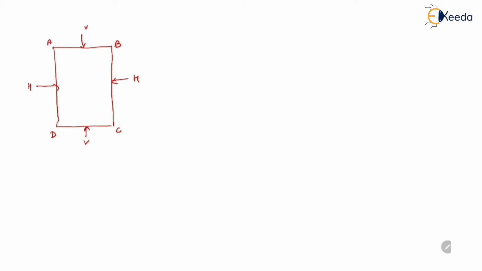So the stress along the surface AB, which is the same as along the surface DC, is equal to V upon the area along AB. Similarly, the stress acting along the surface AD, which is the same as along BC, is equal to H upon the area along BC or AD.